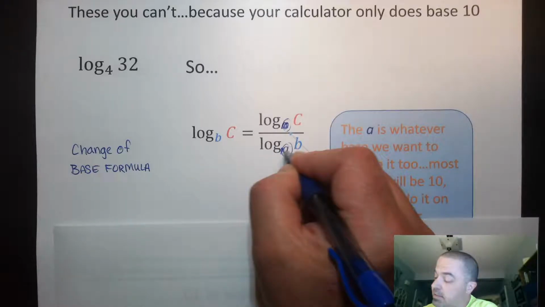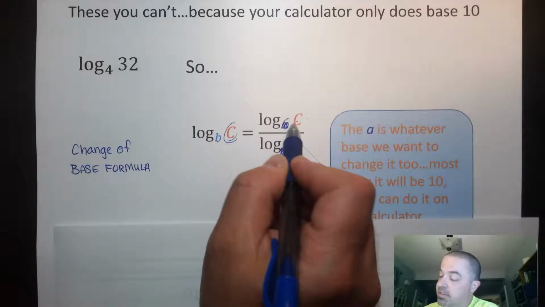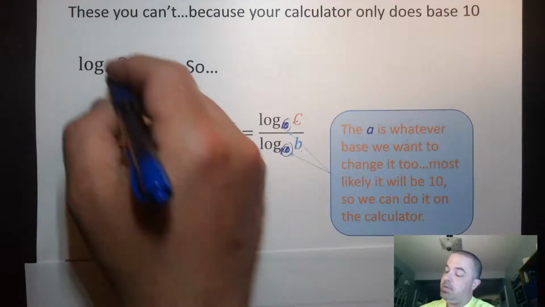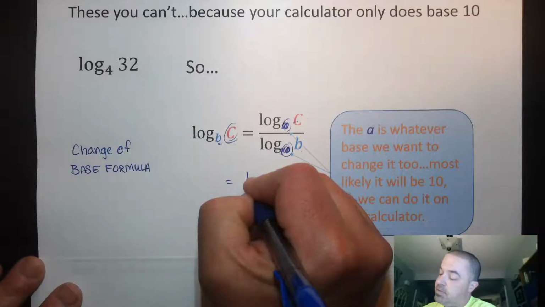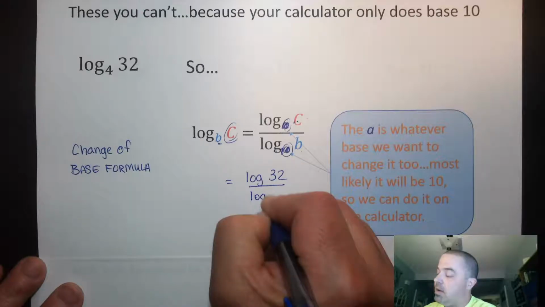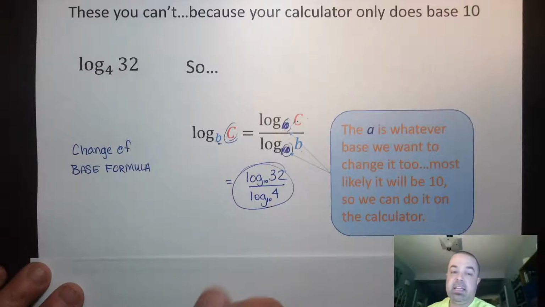So this is going to be log of the big number, the answer, divided by the log of the base. So if I'm doing log 4 of 32, then that's just going to be log 32 divided by log 4, understanding that my base is 10. This I can do on a calculator.